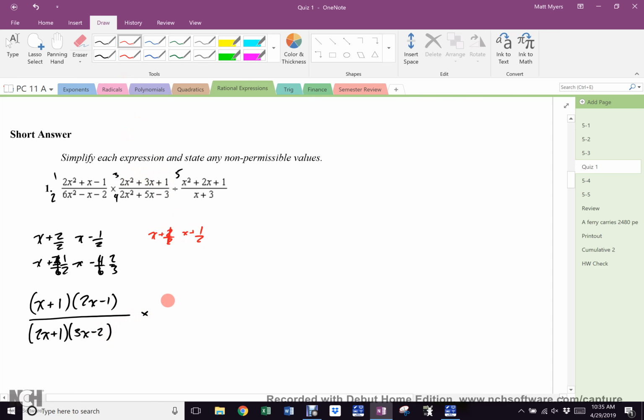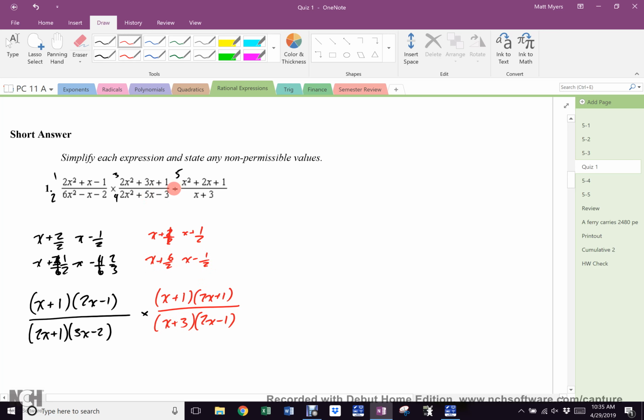The 2 goes to the front. x plus 1, 2x plus 1. Over. 2 times 3 is negative 6. Factors of negative 6 that add to 5 are 6 and minus 1. So x plus 6 over 2, x minus 1 over 2. Which gets me x plus 3 and 2x minus 1.